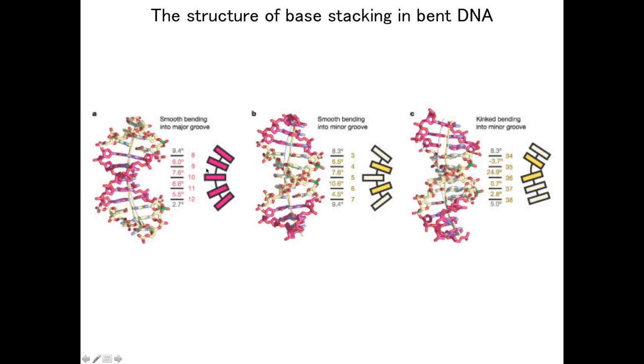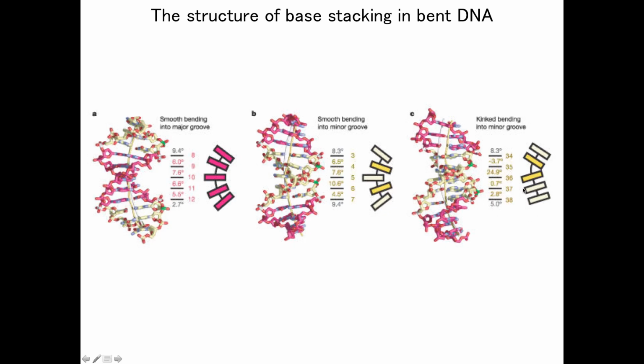In the case of B-form DNA, the distance between the bases is the same. But in the case of smooth bending DNA, this side distance is wider and this side is closer. It means that the pi-pi stacking between the bases is disordered.